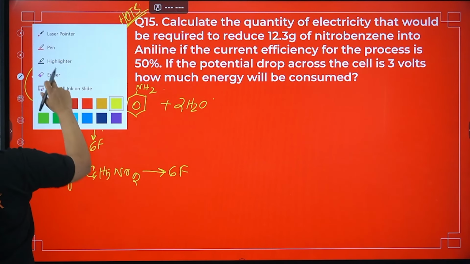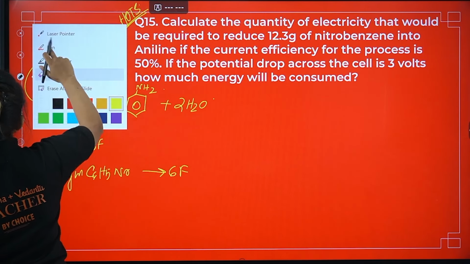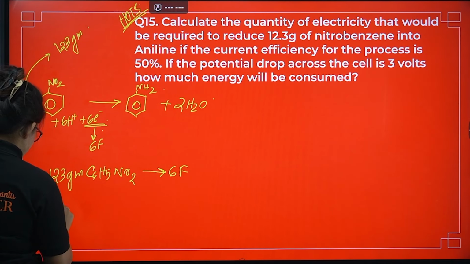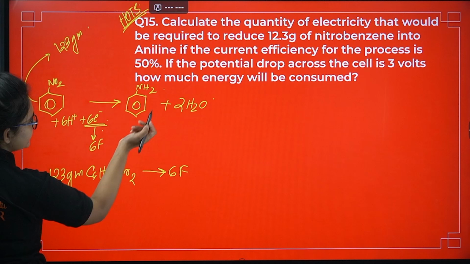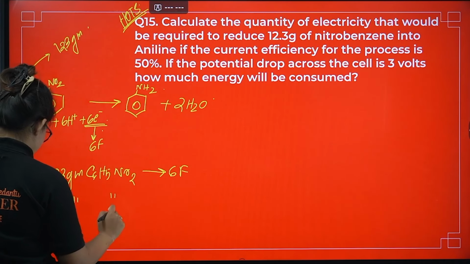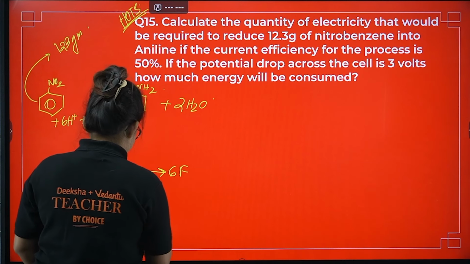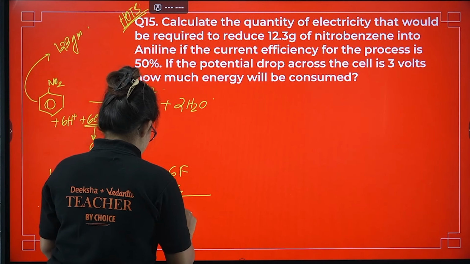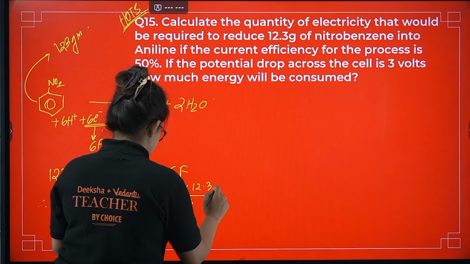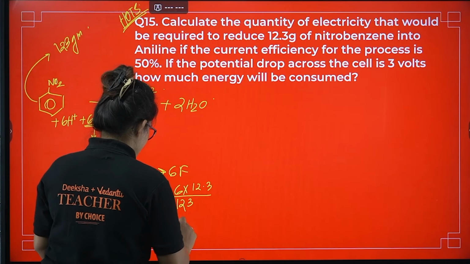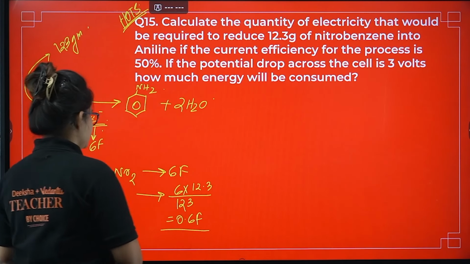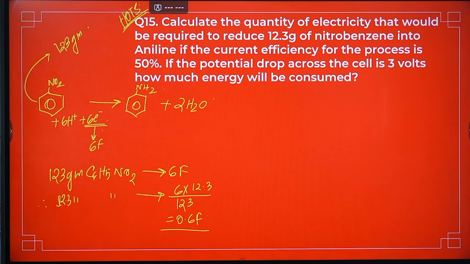Hence, directly we can write 12.3 gram of nitrobenzene will require 6 by 123 into 12.3. Okay, so that will give you how much? That will give you 0.6 Faraday. So I guess up to this is clear.